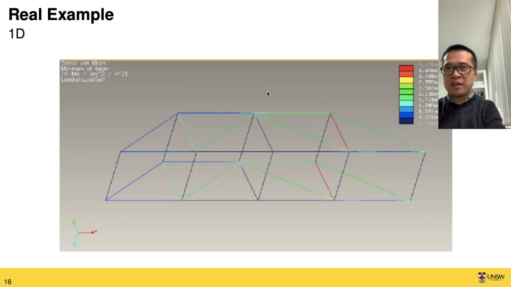So you can expect that if this structure has this kind of loading, this part of the structure will have a lot of deformation. The idea is that in your design process you want to redistribute the loading so the whole thing looks more or less evenly distributed.